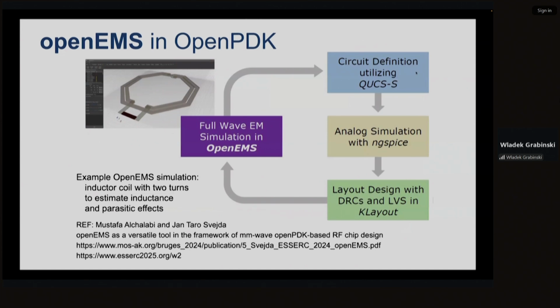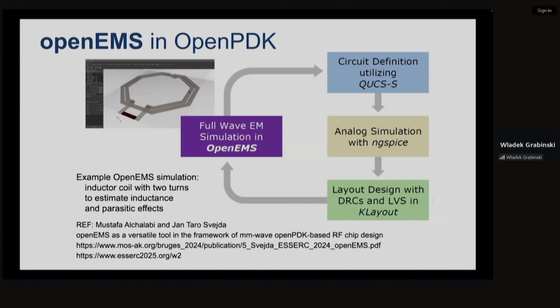After entering your schematic, identifying RF components, you can move to OpenEMS, going from layout to 3D representation of your passive components. Here we have a simple example of spiral inductor.